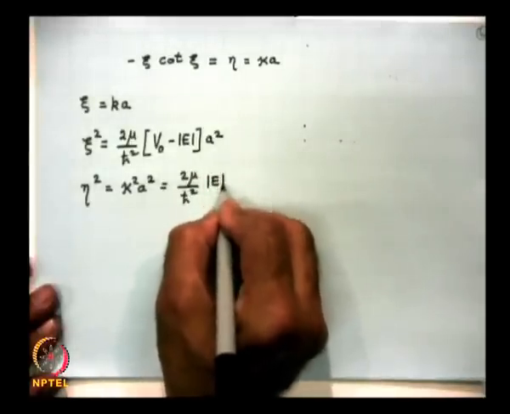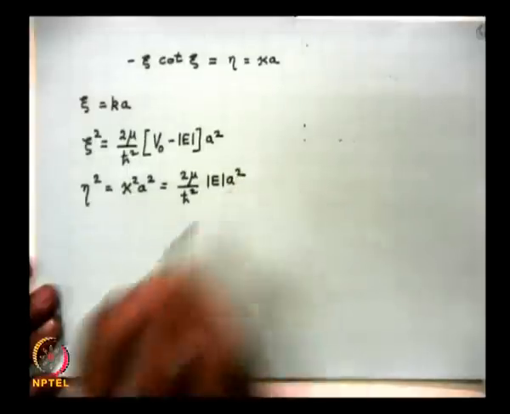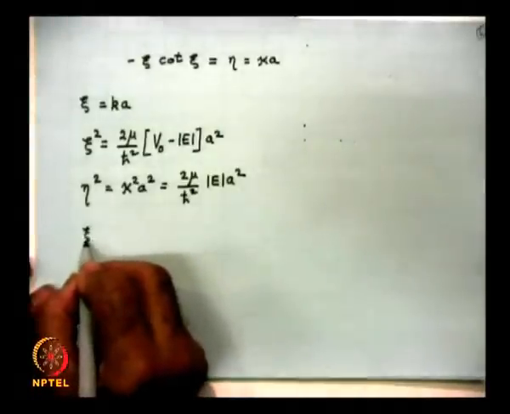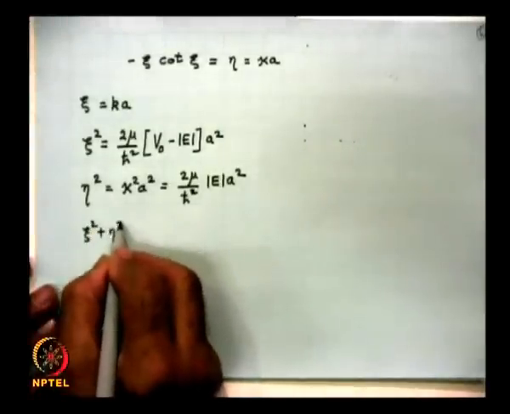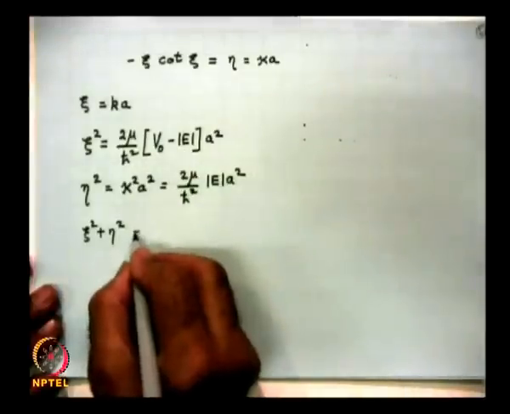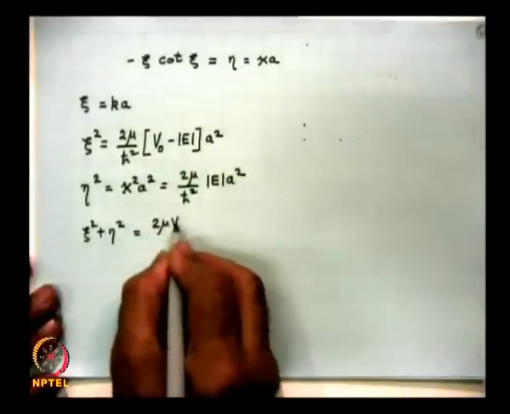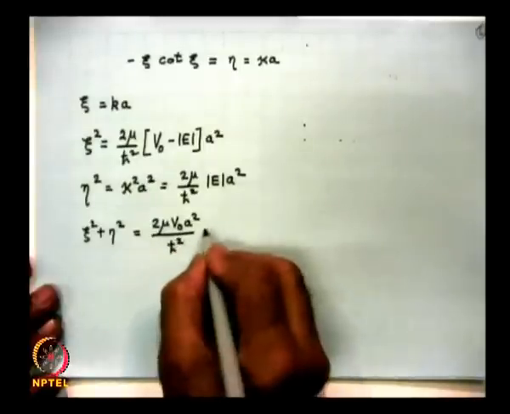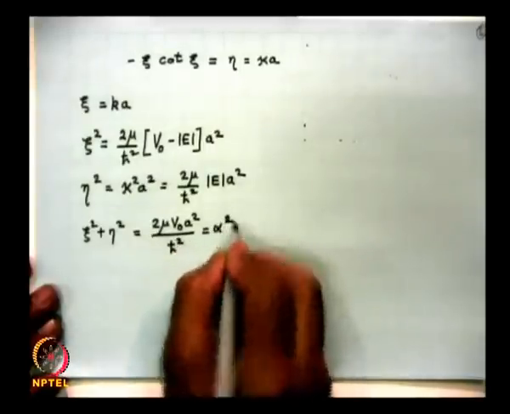These are all dimensionless quantities. So, if you add them up, xi square plus eta square, this term will cancel out with this term. So, we will get 2 mu V 0 A square by h cross square. So, this is a dimensionless number alpha square.